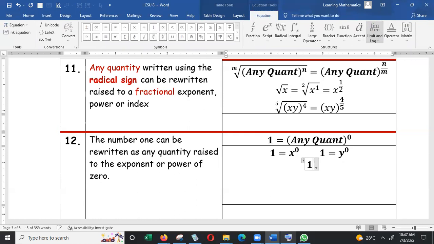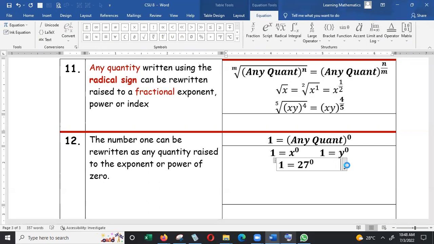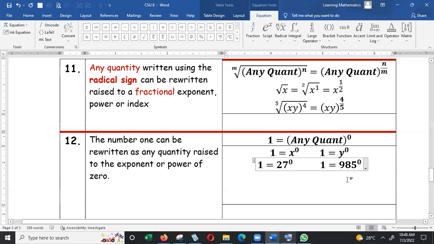You can replace 1 with 27 raised to the power of 0. Any quantity raised to the power of 0 is 1. You can replace 1 with 985 raised to the power of 0. Okay? So just bear that in mind.